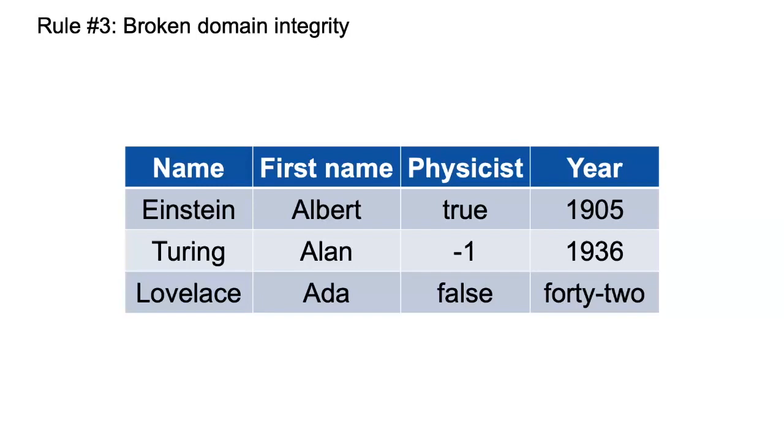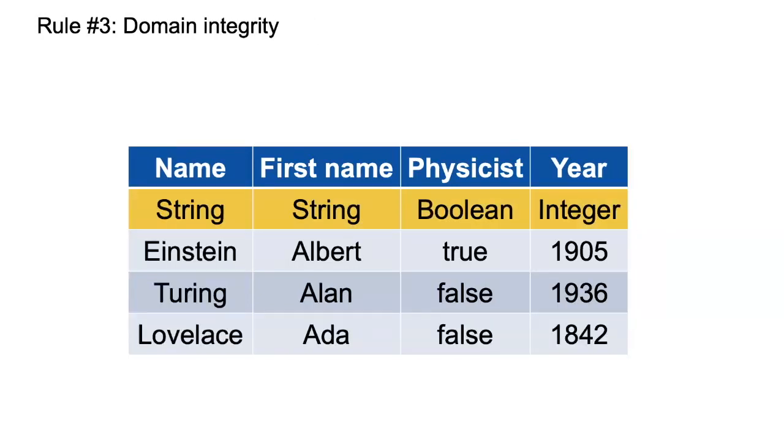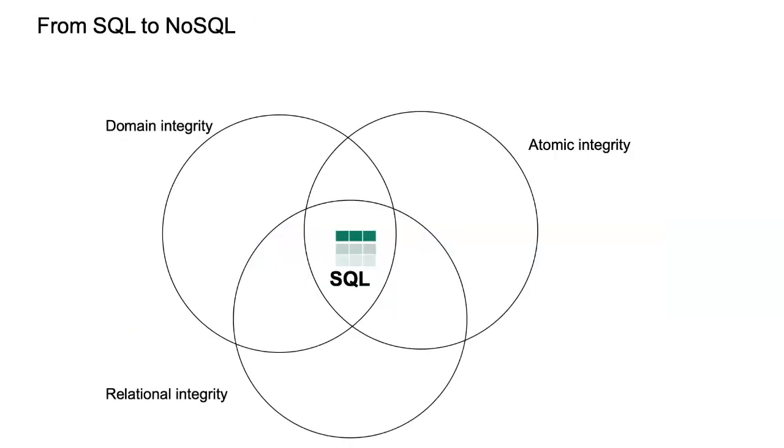So again, you could say the type of everything, or you could say the type of anything that remotely could be converted to some integer in a way that makes sense. But again, that's cheating. You really have two integers, and then you have a string. So that doesn't fulfill domain integrity. Who understands? Okay. And in that case, I was able to do it, right? Given these three records, I was able to put string, string, Boolean, integer. So that's domain integrity. Okay.